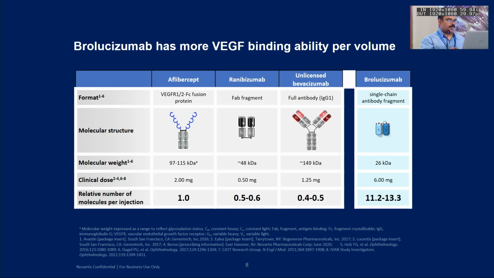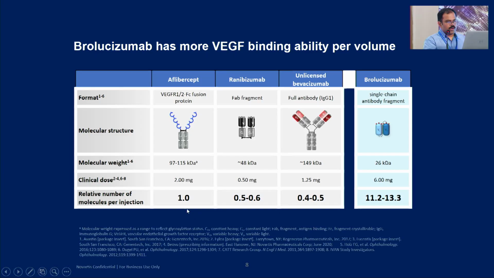A comparison between the available molecules right now, aflibercept, ranibizumab, bevacizumab and brolucizumab: you can see that the molecular weight is only 26. The number of molecules per injection, or the molar concentration, is almost 25 times that of bevacizumab.